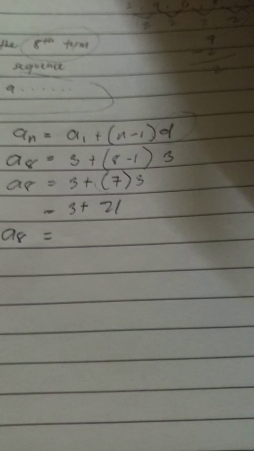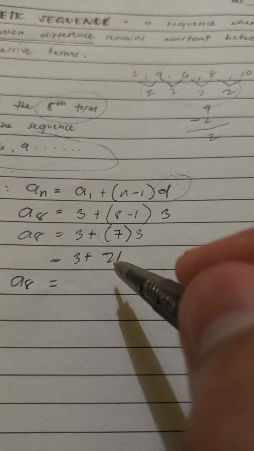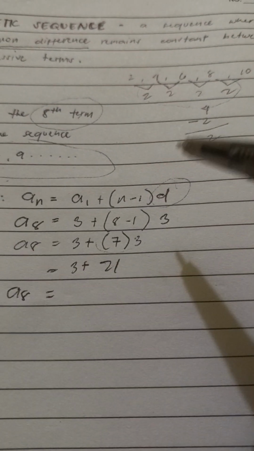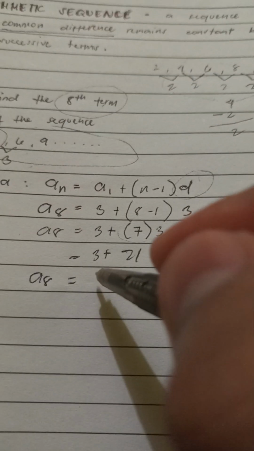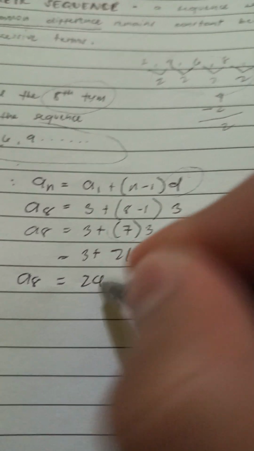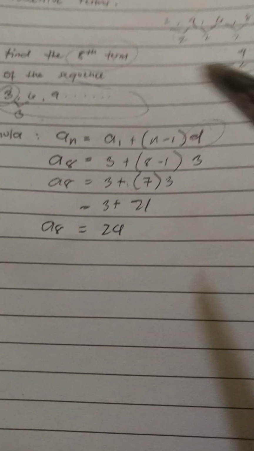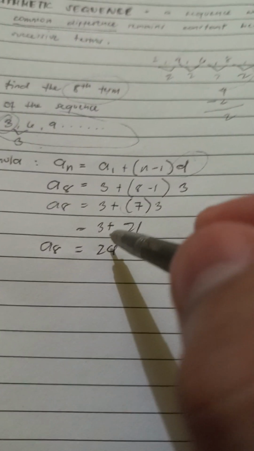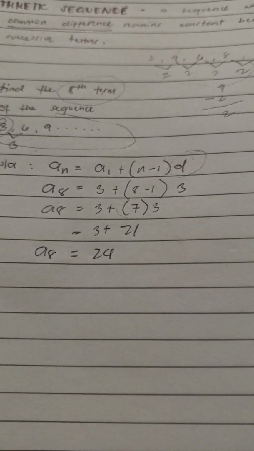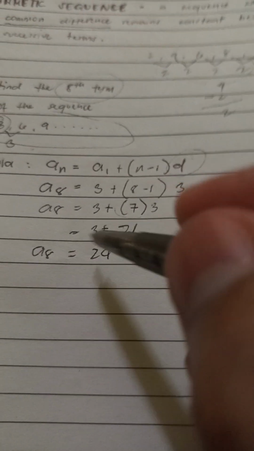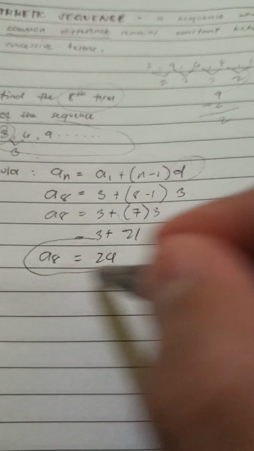So 21 plus 3 is 24. So our final answer is 24. Our eighth term is 24.